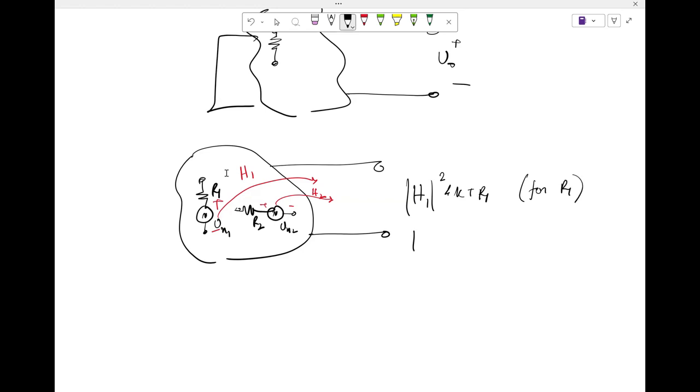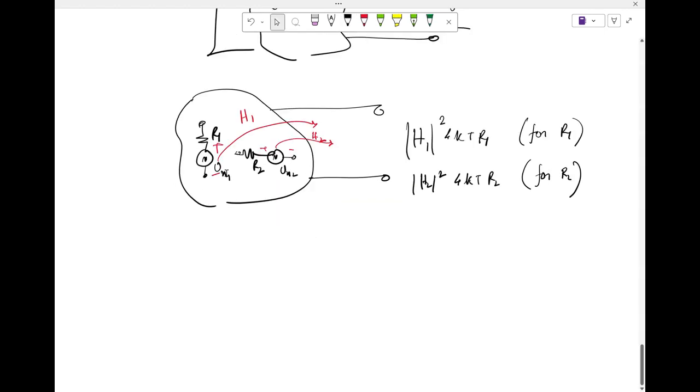Noise due to R2 will be mod of H2 squared times 4kTR2. This is for R2. Correct? Okay. So now my question is, if I combine both of them together in a network, what will be the combined noise? Yeah. So in order to establish that, I would like to point out the following.